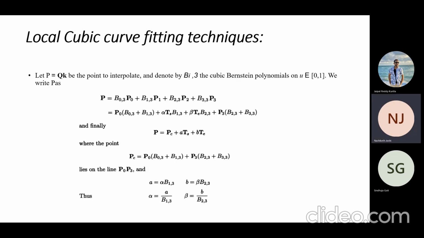Let P equal Q_k be the point to interpolate and denote by B_i,3 the cubic Bernstein polynomials on u belonging to 0, 1.